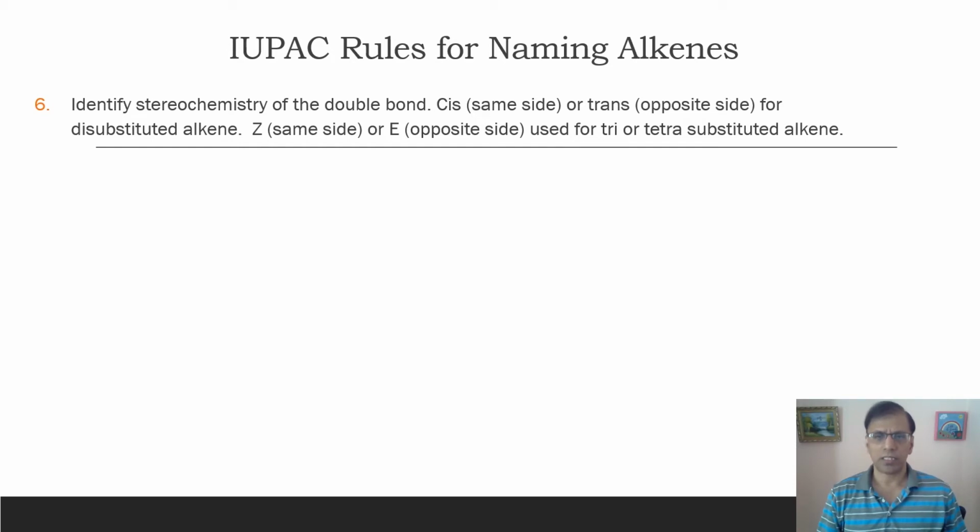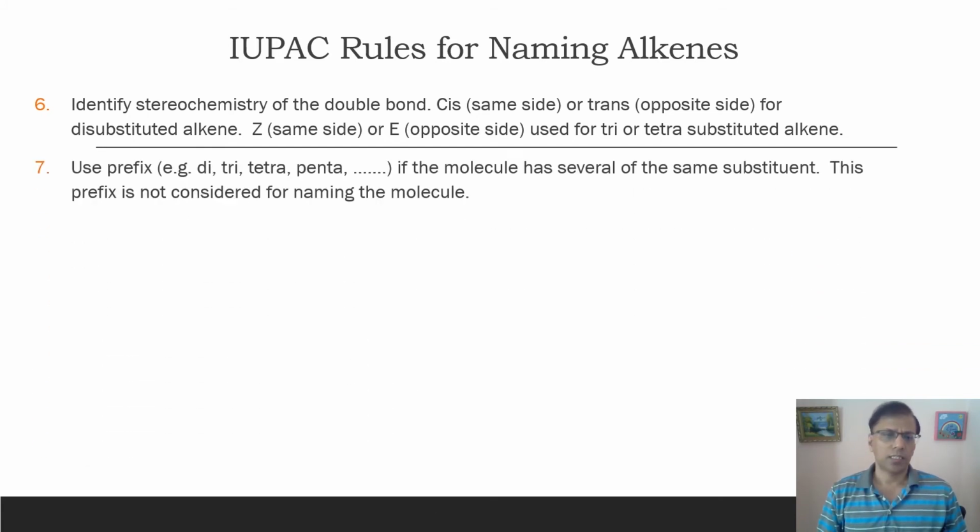As mentioned previously, you can also review my videos on functional groups and naming of organic molecules, and the video about classification of isomers where I've explained the geometric isomers. All these, cis, trans, E and Z, are geometric isomers. We can use prefixes like di, tri if the molecule has several of the same substituent.